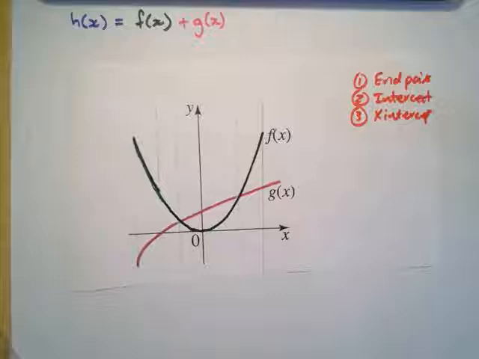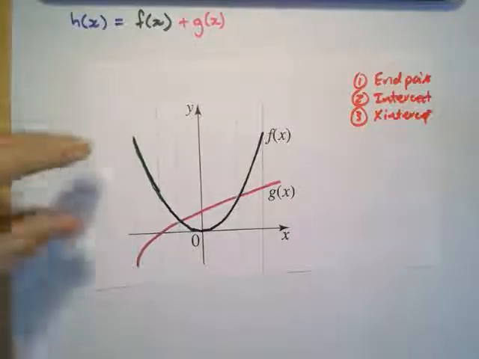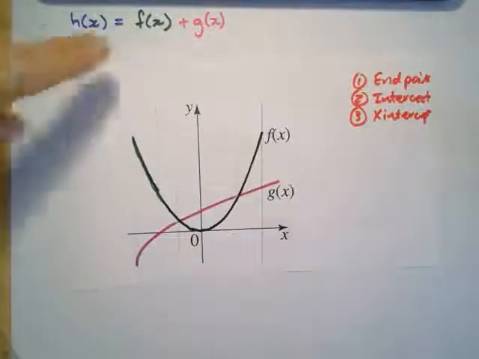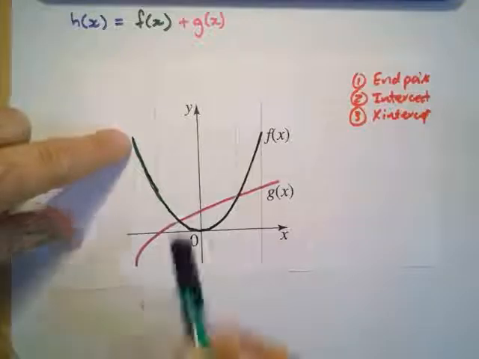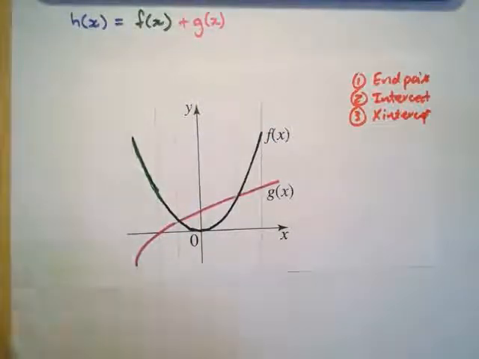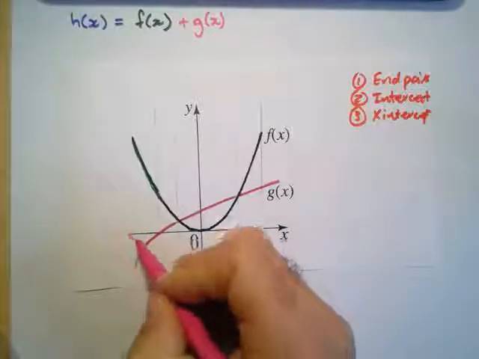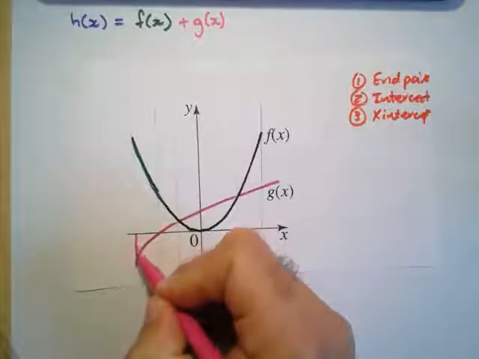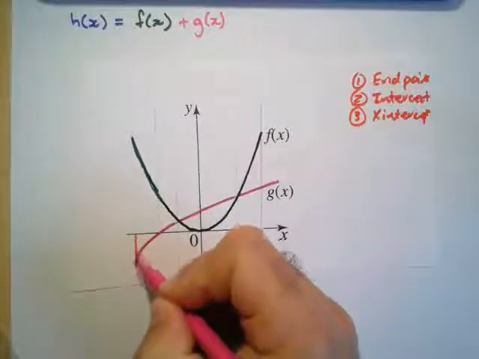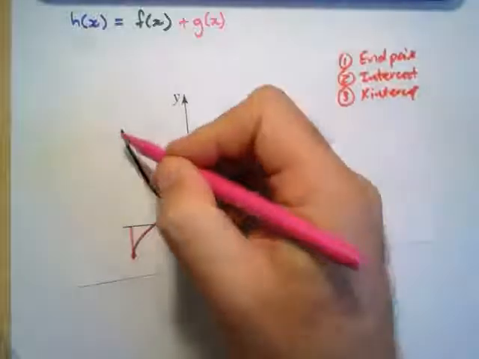I'm going to draw it in blue, okay? And what we're going to do is add the ordinates at all these lines. Now f(x) is where we start, and we're going to add g(x). Now g(x) in this case is a negative value. So the y for g(x) at this point is negative, which means if I add a negative, I have to subtract this distance from there.